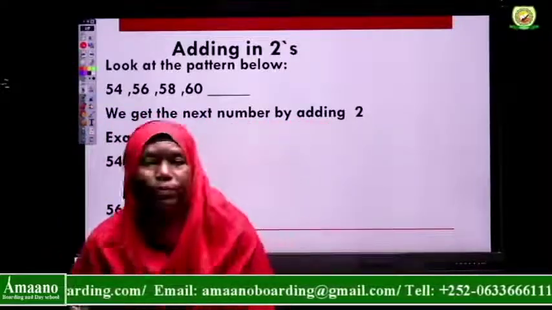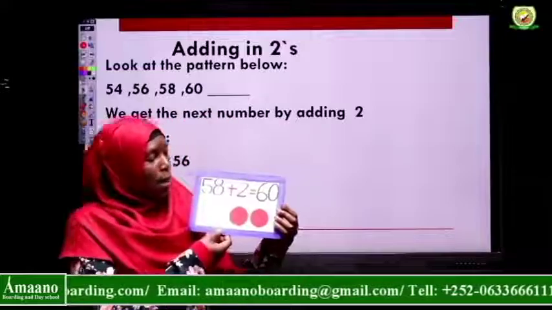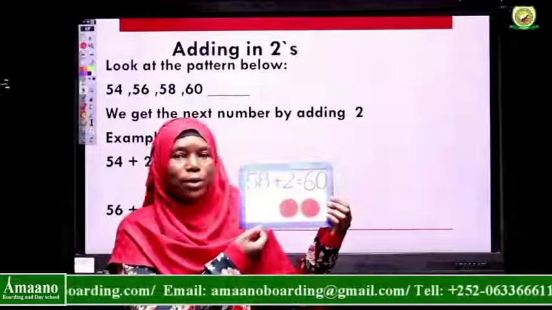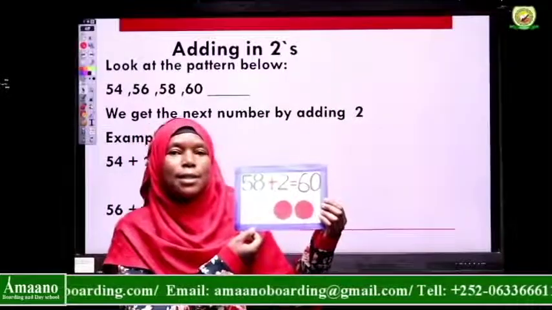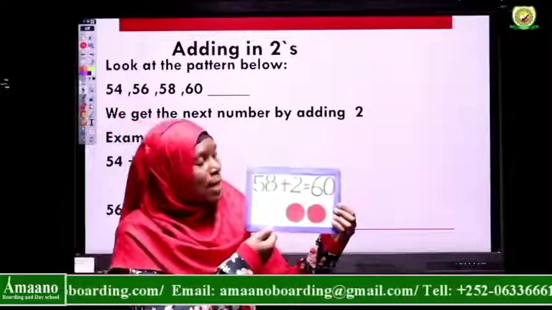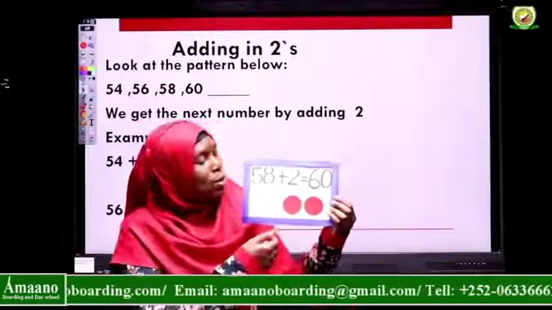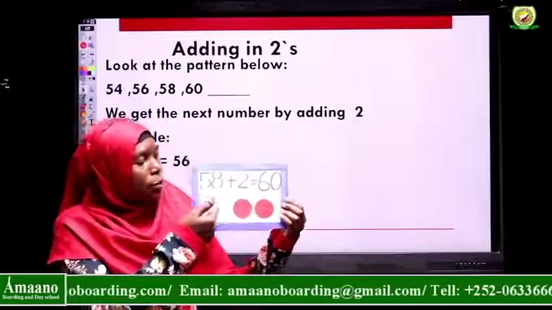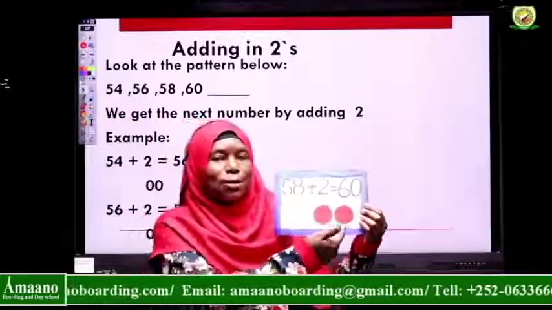The last one is this one here. We have this for our answer and this one for our question. We have 58 plus 2. Let us understand more about that. We are adding in twos. So we have 58 plus 2. What will it be? We shall continue counting the circles down there.